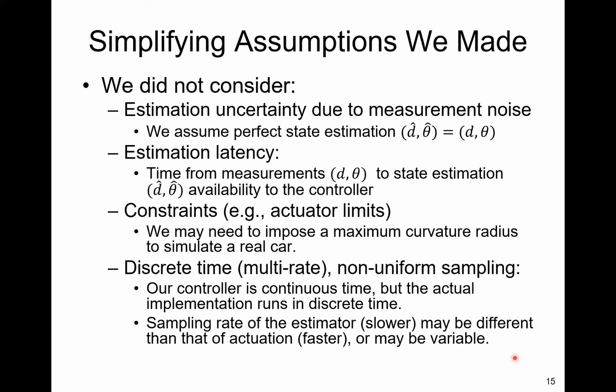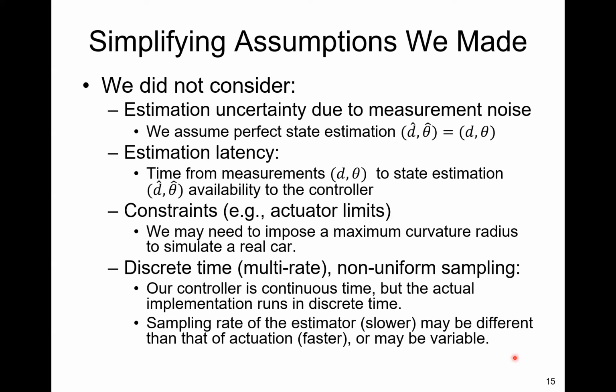Then there is the discrete time assumption. We have multi-rate, non-uniform sampling. The controller design in MATLAB is typically in continuous time, but the actual implementation on the automotive ECU, the automotive computer, runs in discrete time. So you need to set a sampling rate.